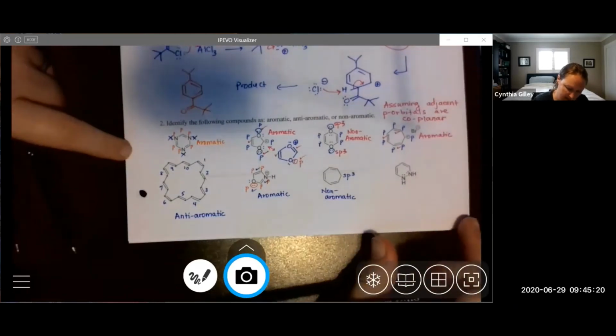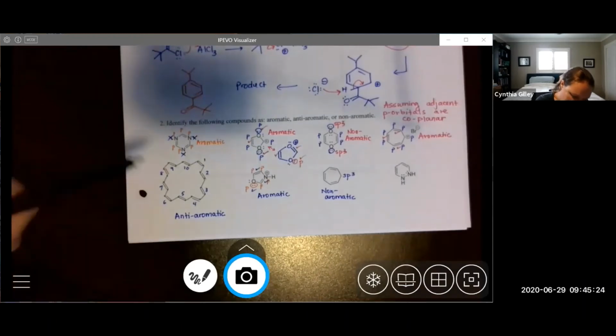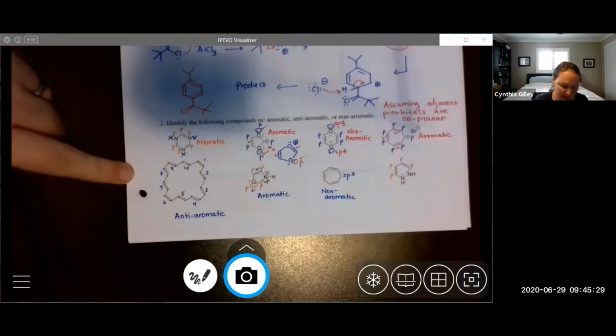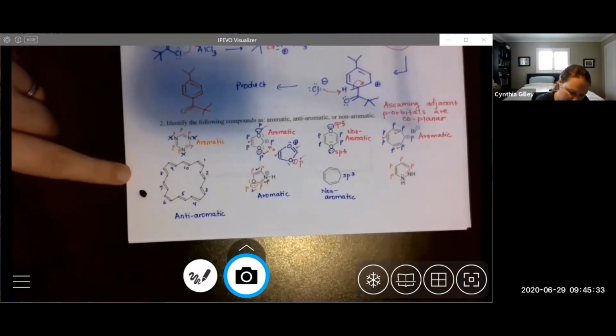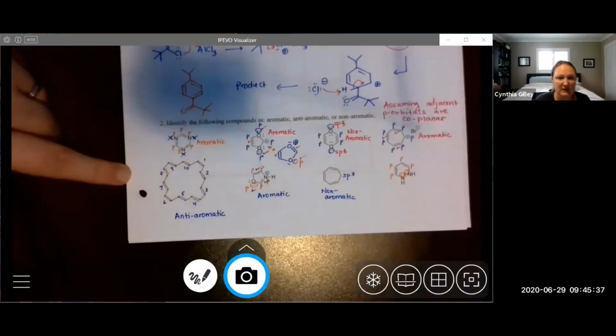Okay, so for the next one, look at where the p orbitals would be. So we have p, p, and in order for this to have a p orbital all the way around the ring, that would mean that both lone pairs need to exist in a p orbital. If we do that, we have the wrong number of electrons.